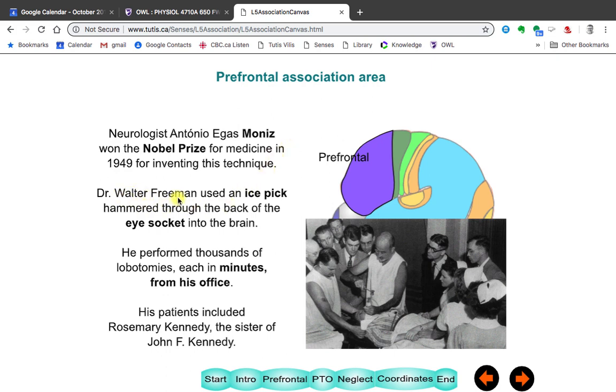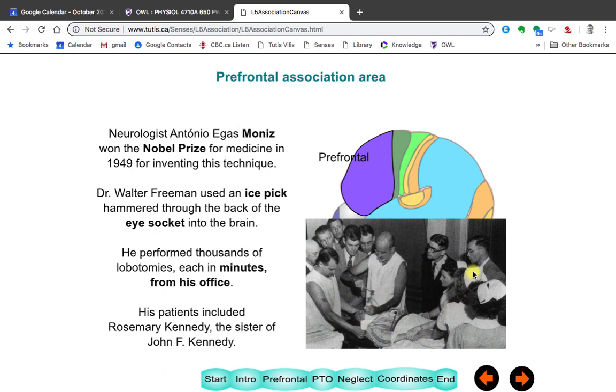And in the U.S., a doctor called Walter Freeman used an ice pick that he would drive through the back of the eye socket and then twist it back and forth, and he would then use that to separate the frontal lobe from the rest of the brain. And he would do that in minutes in his office. And this is an example of him doing that to a patient.